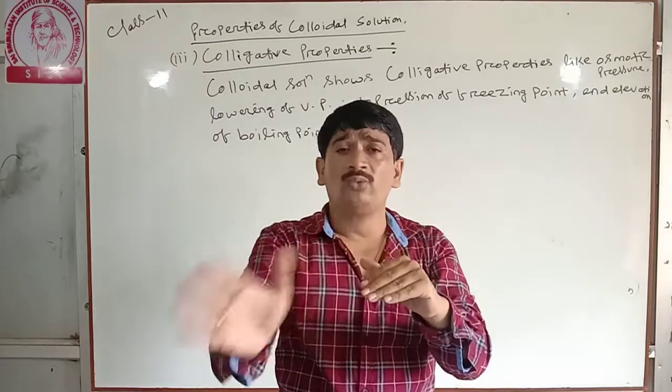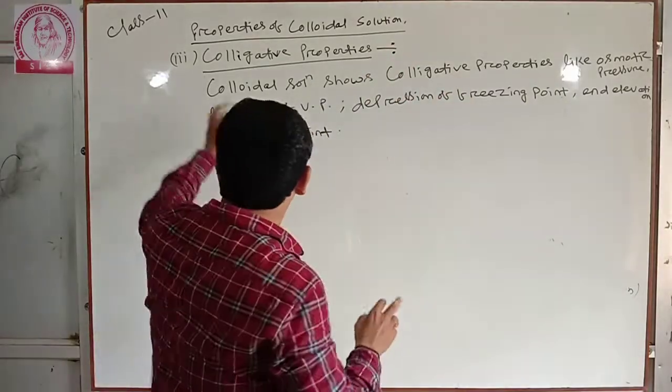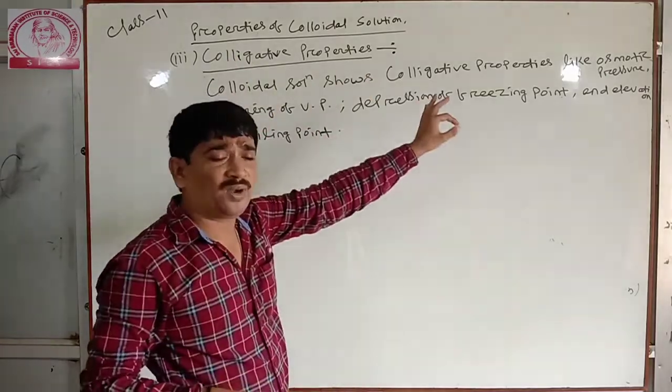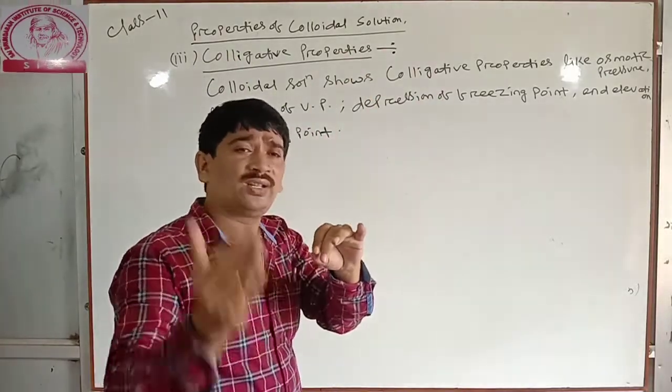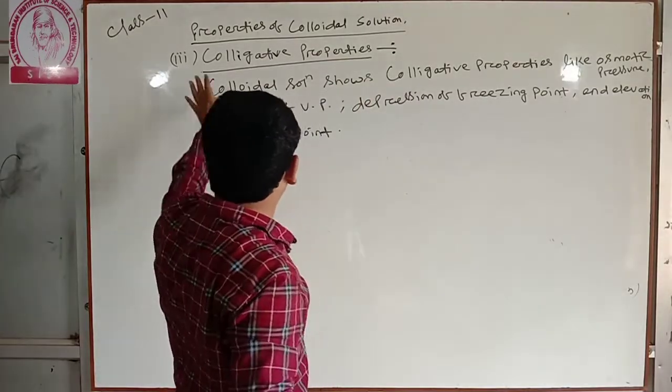So I am not wasting time discussing this now. Simply remember that colloidal solution shows colligative property. What are the colligative properties? We will discuss in the solution chapter vividly. Clear? So this is the third point.